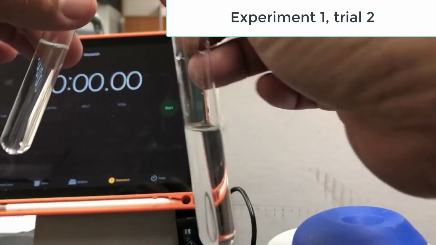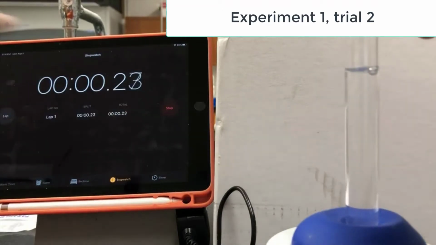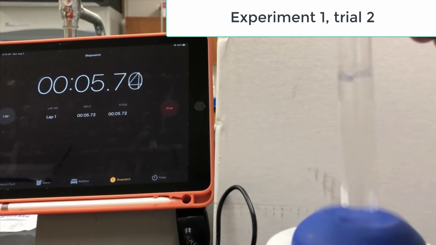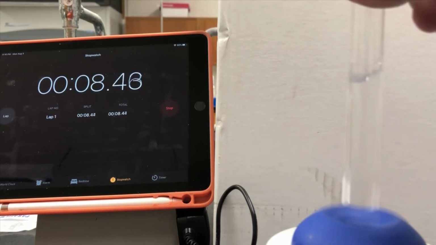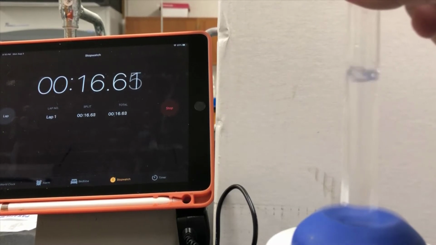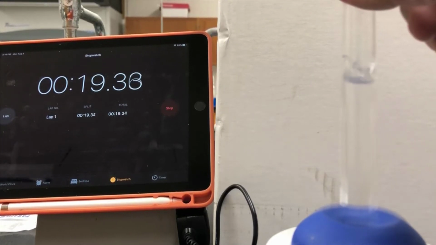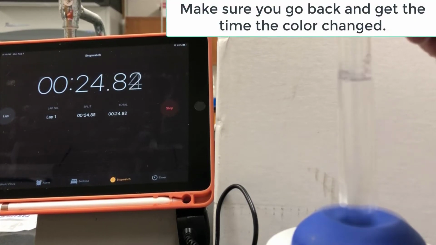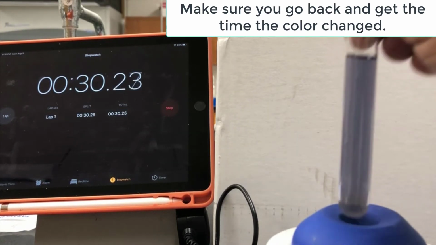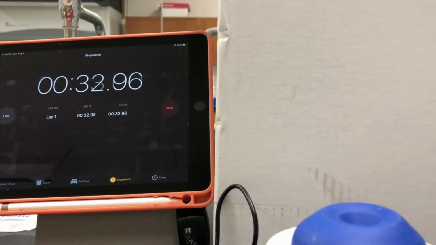So again, I'll add these together, start the timer, and mix. Go back and record the time when you saw the color start to change. Okay.